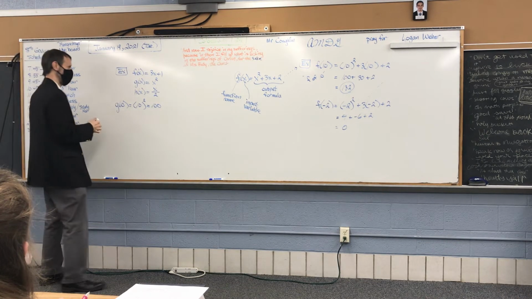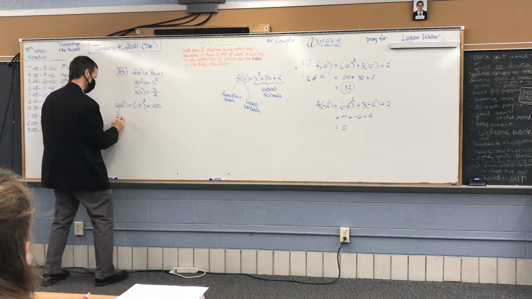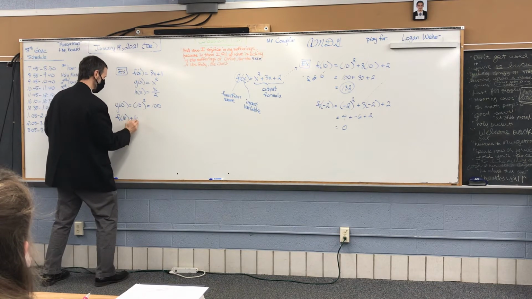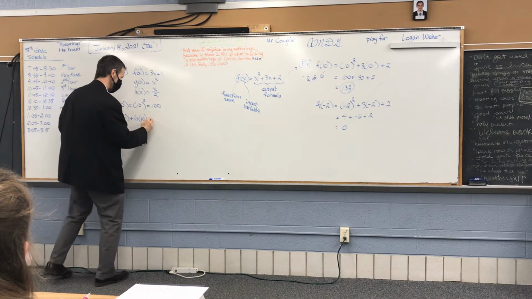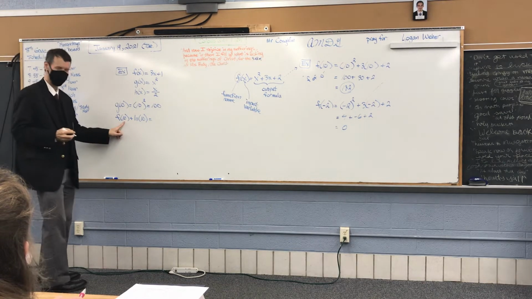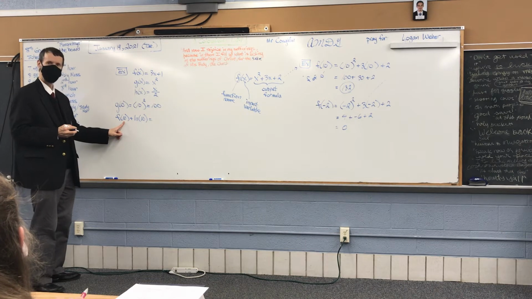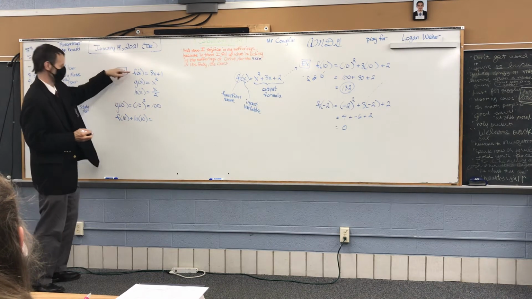Max, take the next one. I'm going to give you a little bit of a curveball here. F of 10 plus h of 10. You're going to have to use 2 functions in this thing. One at a time, my friend. So what do you do to this thing? We plug it in for x on the function. Top function, function f.